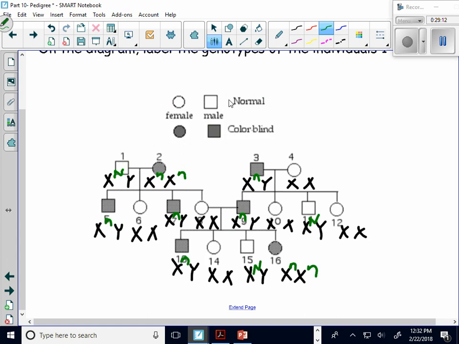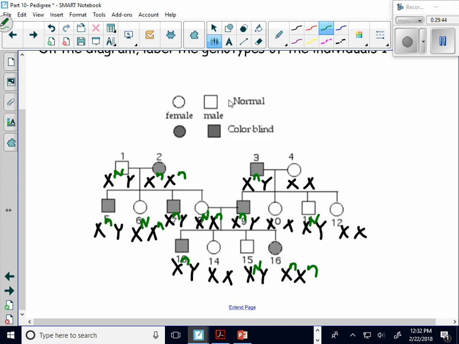Obviously, they are both females because they're circles. Obviously, they are not colorblind. So their front X has to be a capital N. What about their second X? Has to be what? Has to be lowercase n. Why? Their mother is colorblind. She can only give lowercase n's.